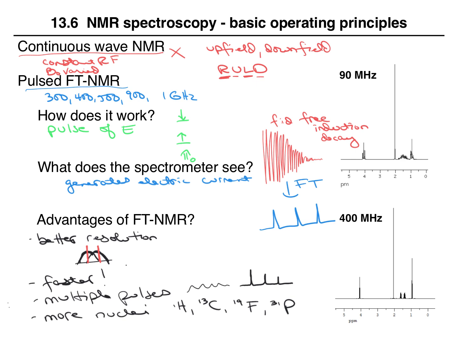NMR has been applied to determining protein structure. These are very, very complicated molecules, and yet NMR has been used to learn a lot of information about proteins and other biological molecules. So FT-NMR is much more complicated.